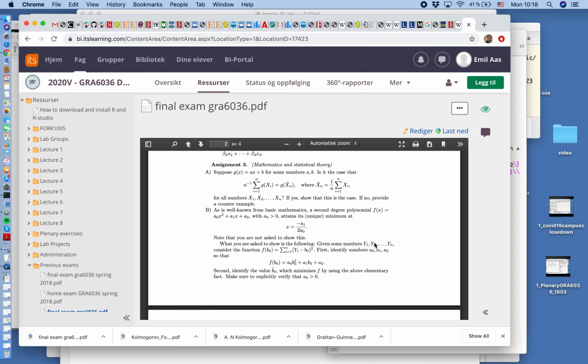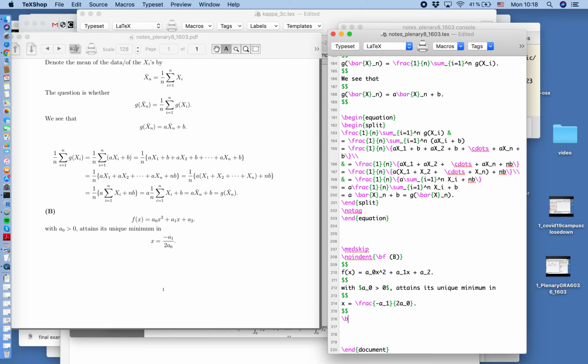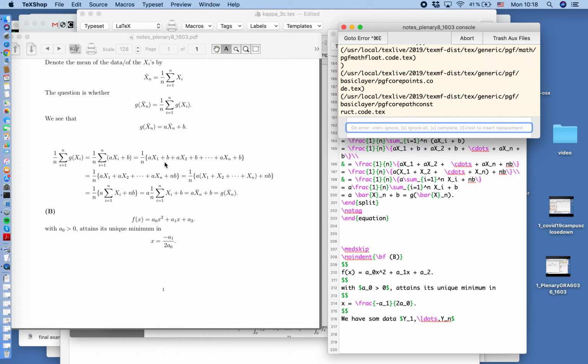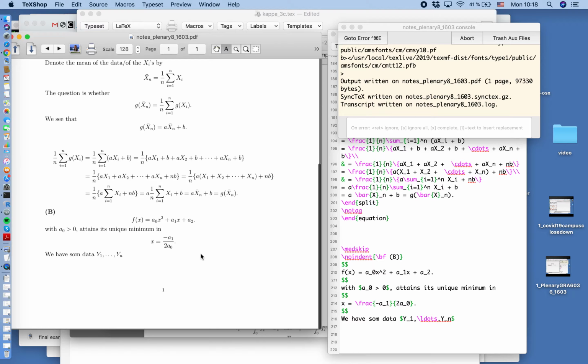So let's write down. We have some observed data, just numbers, and here are our data.